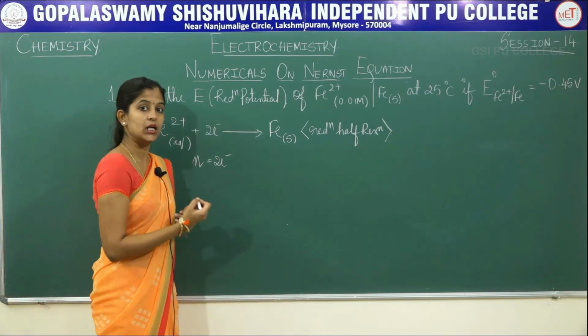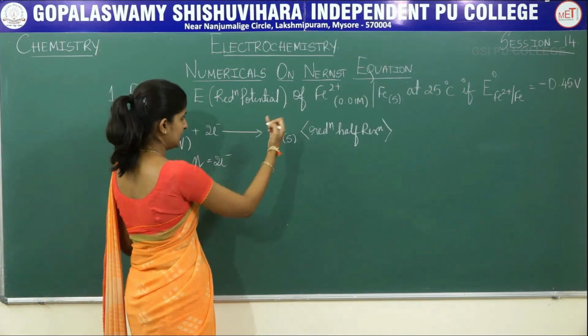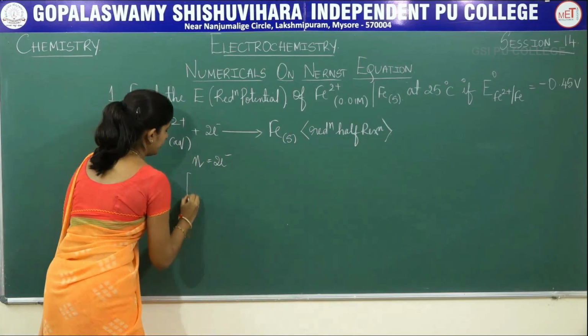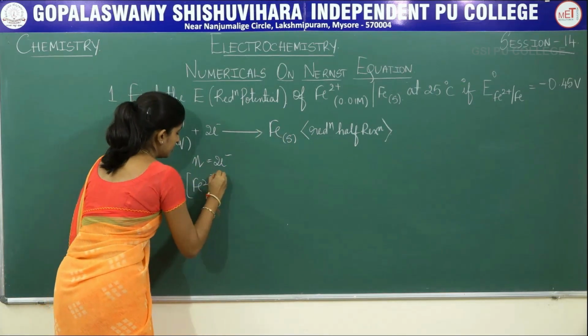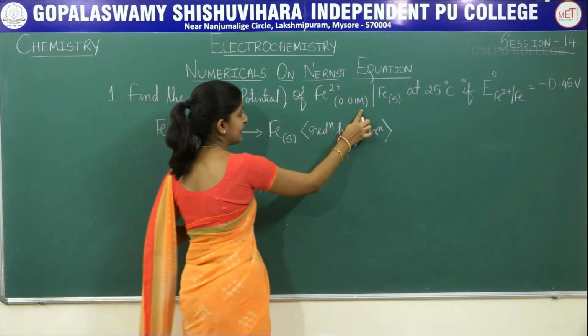Now let us apply the Nernst equation here. Before that, let us take the concentration of Fe2+. It is equal to 0.01 molar, as given in this half cell representation.